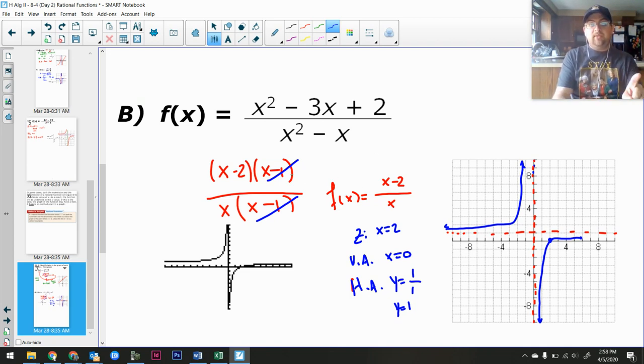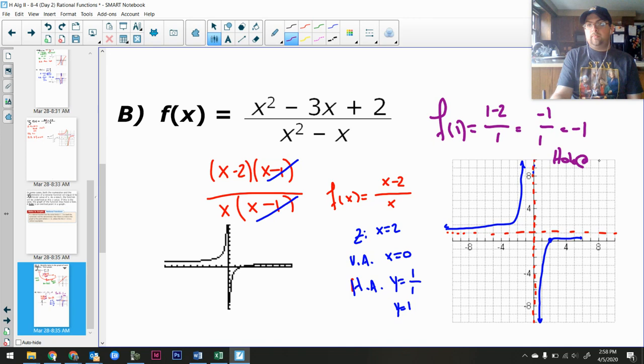But we know that at 1, this function is undefined. f of 1, if I plug that in here, is 1 minus 2 over 1, negative 1 over 1, negative 1. This hole is at 1 comma negative 1.